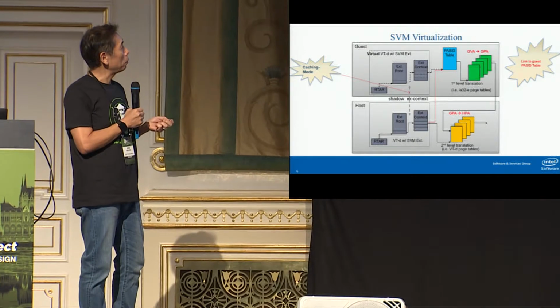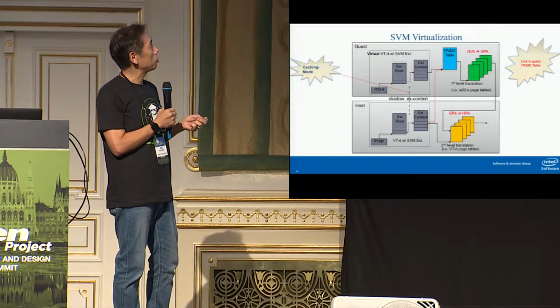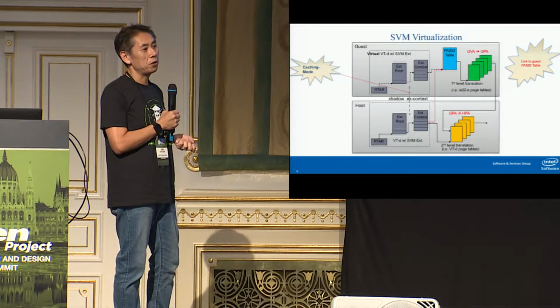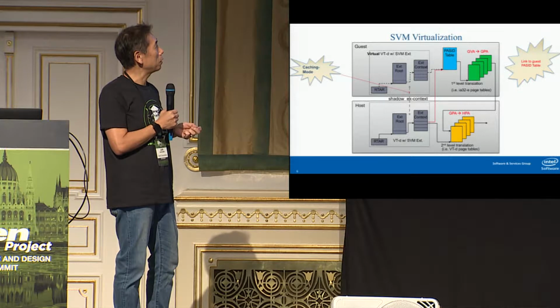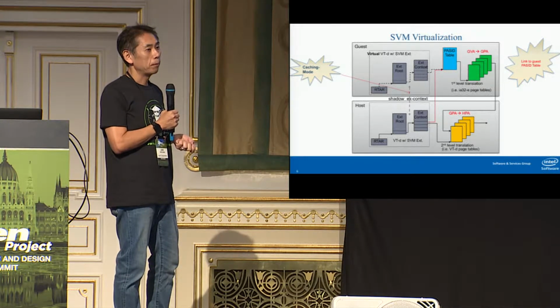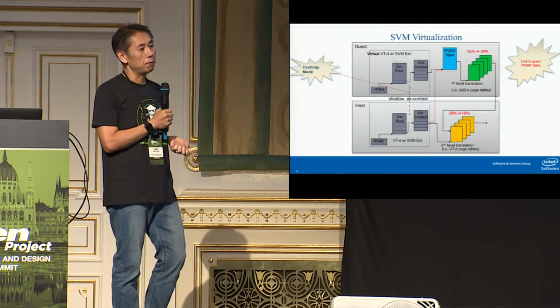So the real one really needs to point to this one, because this association is managed by the guest operating system, and we don't want to trap every change to here. That's the reason we need to map and point to this one, okay? So those are the two things we need to do when we're enabling SVM, okay?